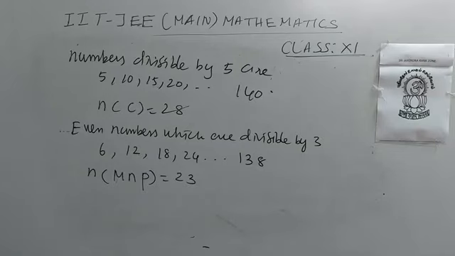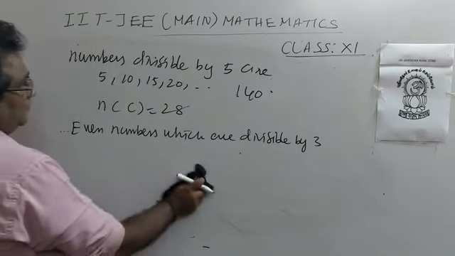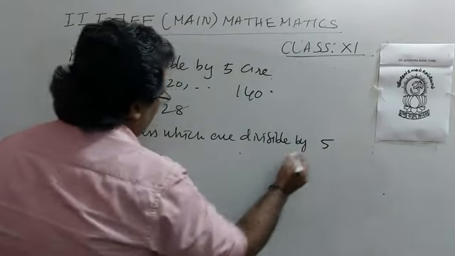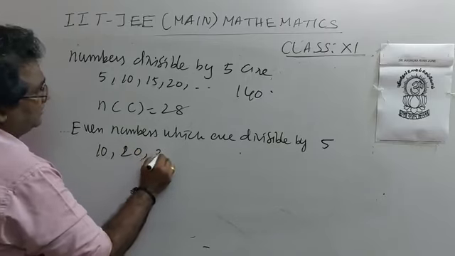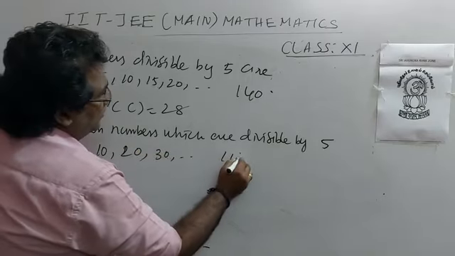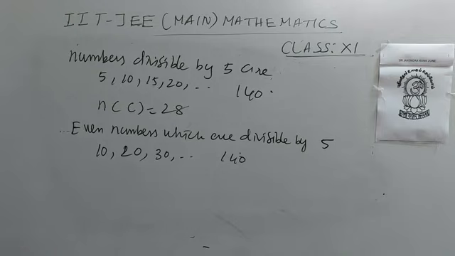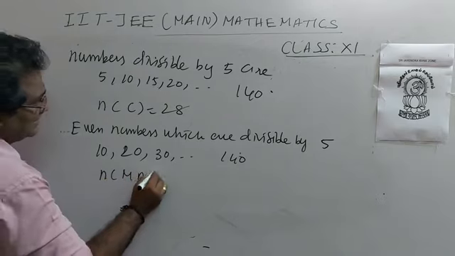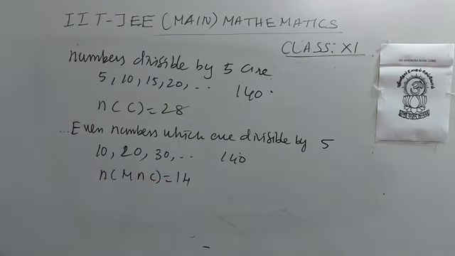Next, even numbers which are divisible by 5, that is 10, 20, 30 up to 140. There will be 14 terms there. So n of M intersection chemistry is 14.